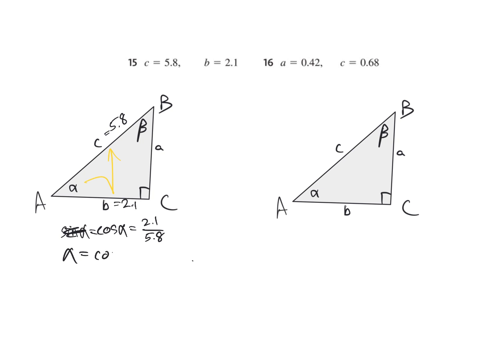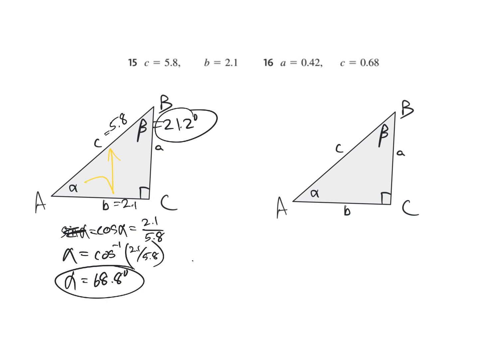So alpha is the arc cosine of 2.1 divided by 5.8, and that is 68.8 degrees. So 90 minus 68.8, and we get 21.2 degrees for beta.